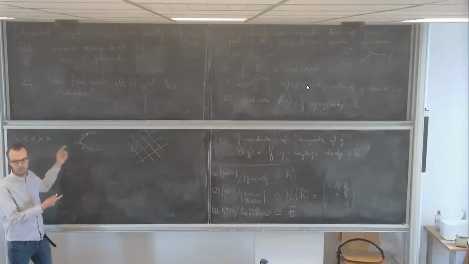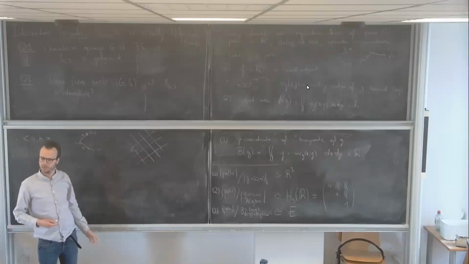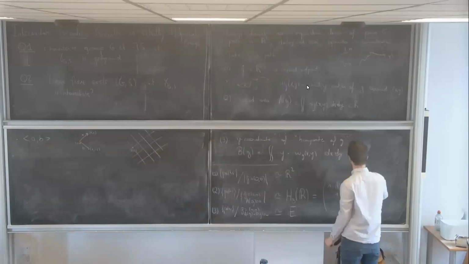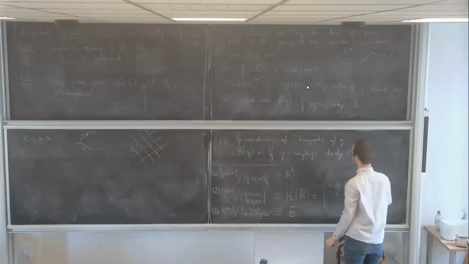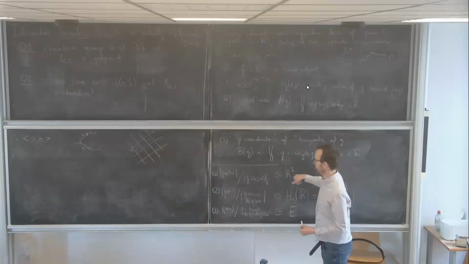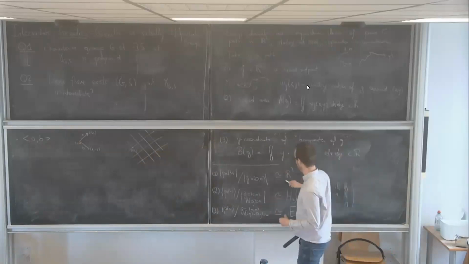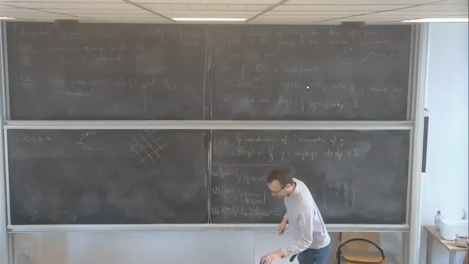You want all the paths in there. If you do that, the only thing you remember at the end is the endpoint. And here, two paths are equivalent if they have the same endpoint and the same area. So you remember the endpoint and the area.